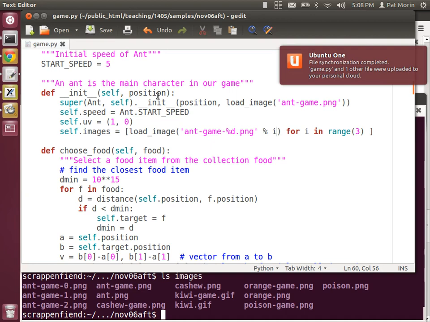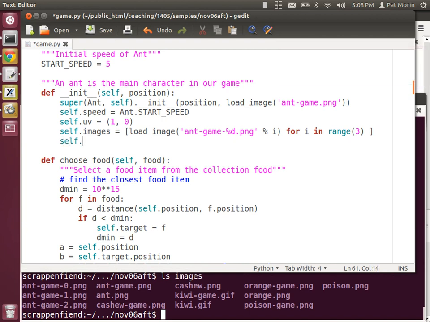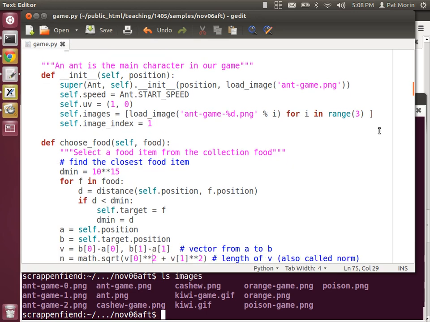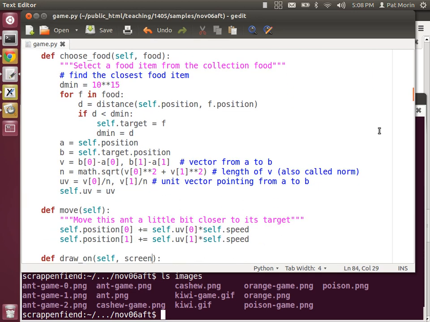Everybody see what I just did there? Okay. So create an array with 3 images. Those images will be named antgamesomething.png, where that something is 0, 1, and 2. What we're going to do is cycle through these 3 images so that somehow it looks like this thing is walking.